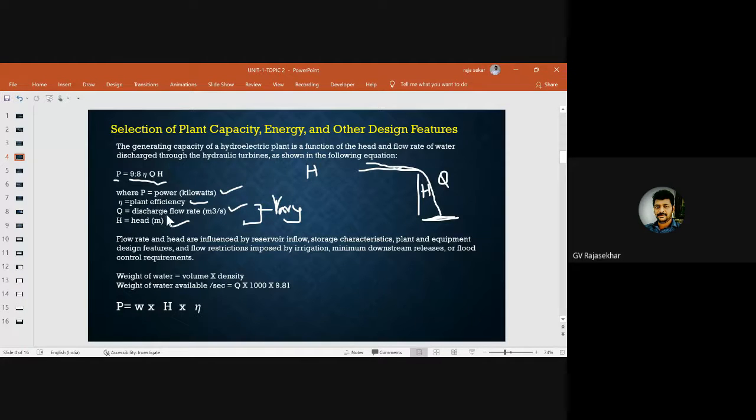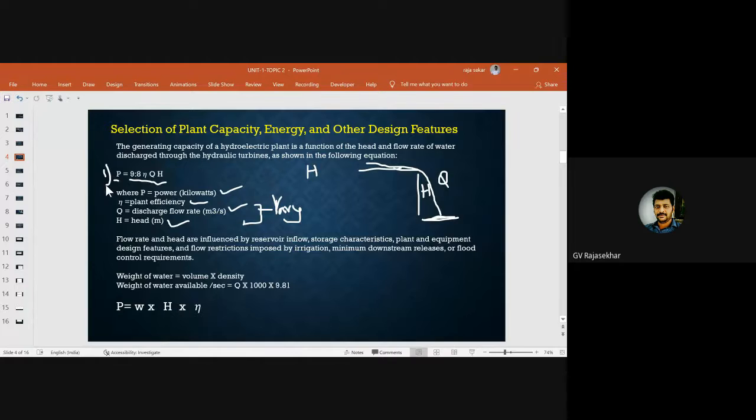H and Q change not only due to these storage conditions, but also because of the continuous utilization of the power. Suppose the water is used continuously, will the head remain the same? No, there will be a small deviation in the head, and a small deviation in the flow rate.